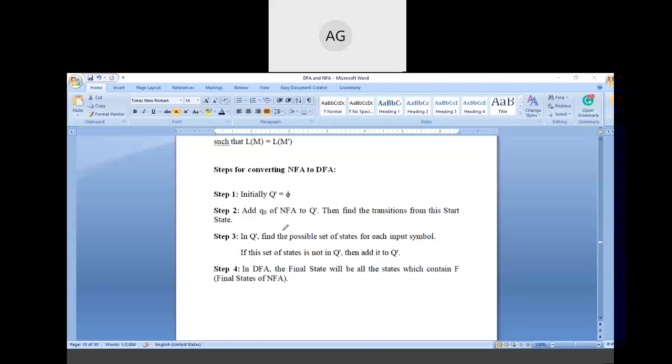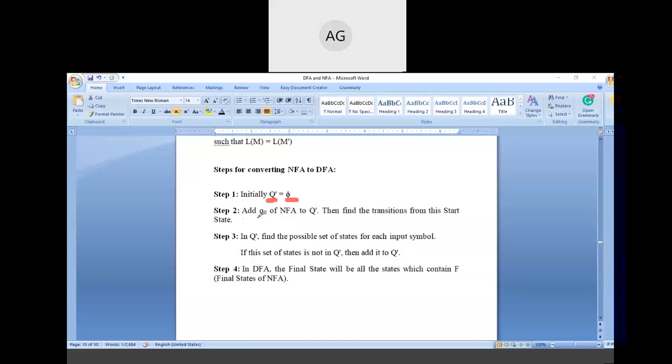This algorithm is very small, just 4 steps. In step 1, initially Q dash is equal to phi, meaning there will not be any state in the DFA. Now our aim is to add states to this Q dash.